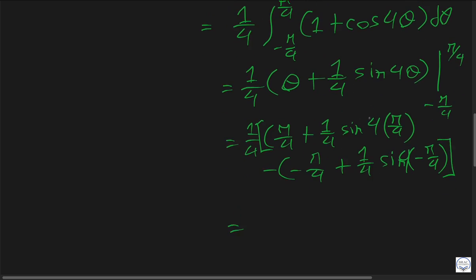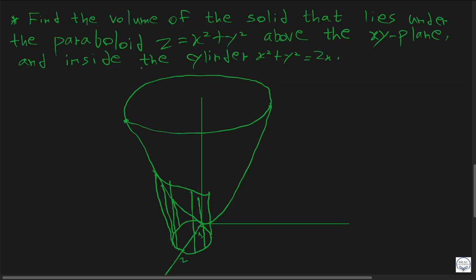And this is equal to 0 because the 4's cancel and sine pi is 0, and these two 4's also cancel. Sine minus pi is also 0. This leaves us with just plus pi by 4, plus pi by 4 is just pi by 2, and pi by 2 times 1/4 is pi by 8, which is our answer.